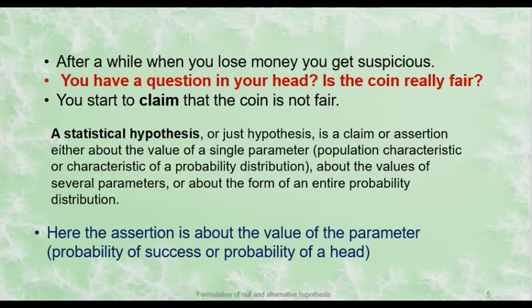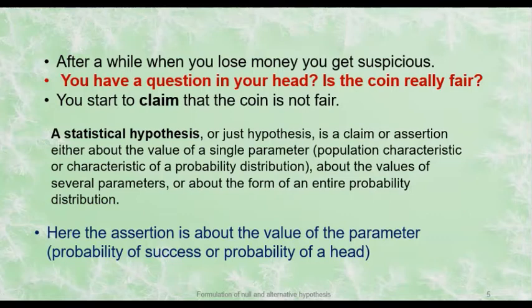Then after a while, you realize that something is wrong. When you lose money, you get suspicious and you have a question in your head: is the coin really fair? You start to claim that the coin is not fair.